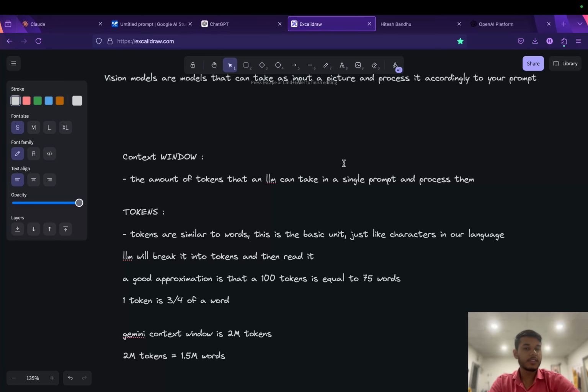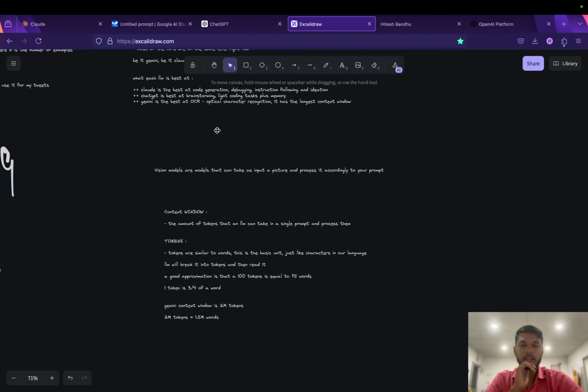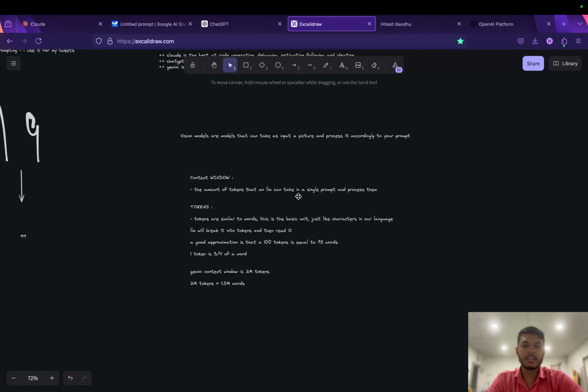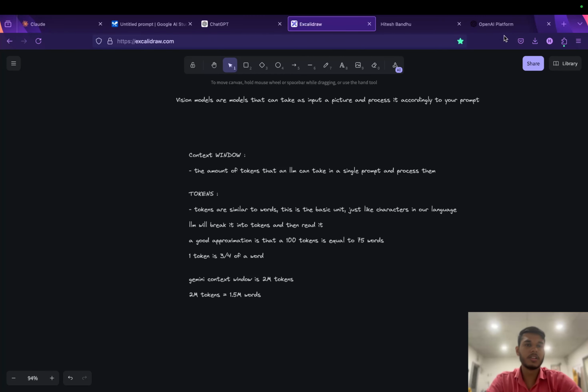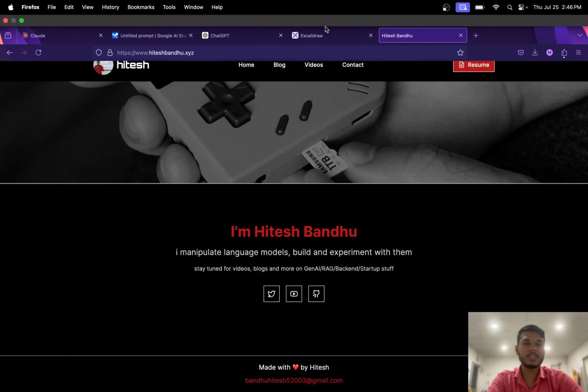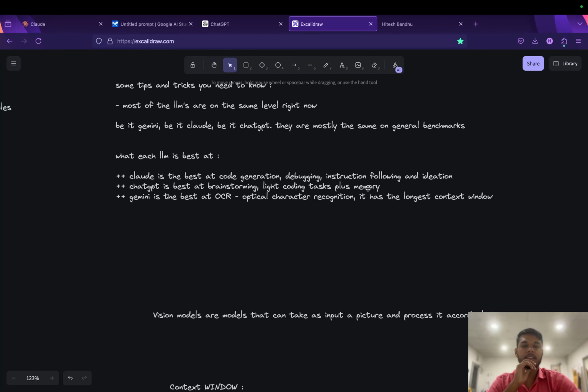And it is a lot. 1.5 million words is a lot of quantity. I don't know exactly, I think 10 or 15 books can fit in the whole context window. But let's leave it for now. You're getting it. It is a lot of scale.